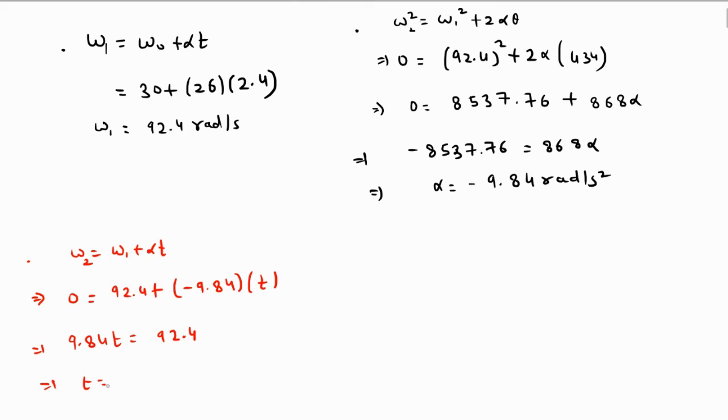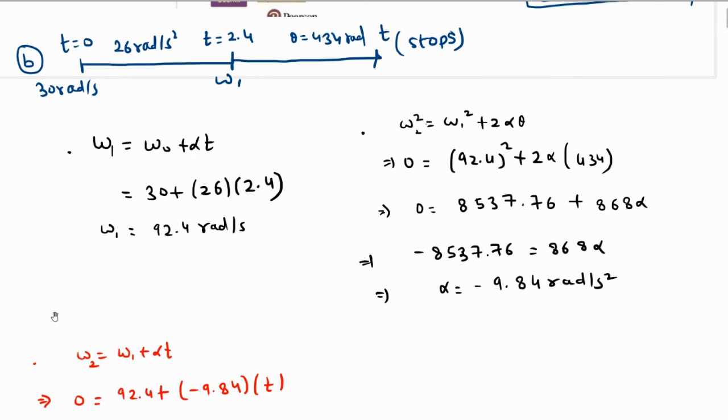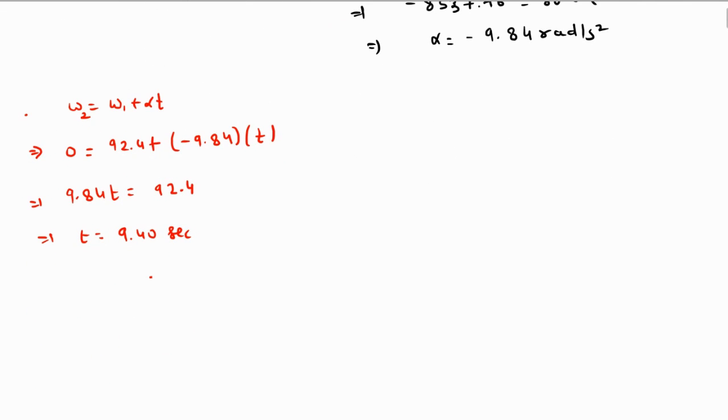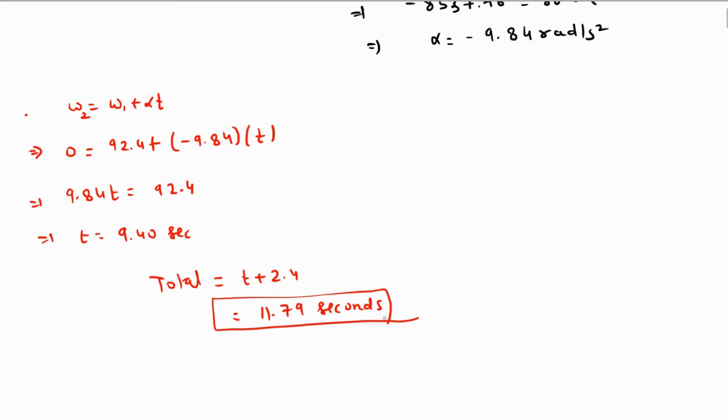So the value of time comes out as 9.40 seconds. But this is not the answer, because this is the time after the second stretch. So the total time is going to be this time plus 2.4, which has already passed. So the total time comes out as 11.79 seconds. Thank you.